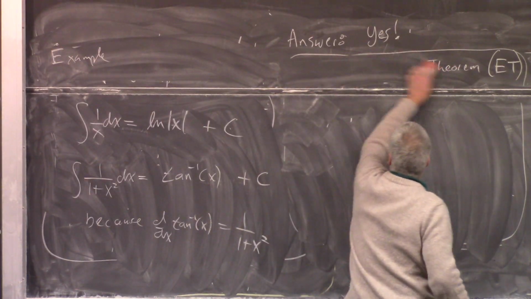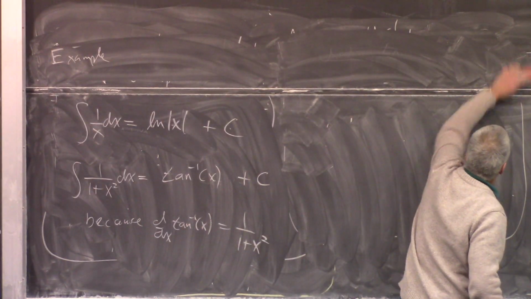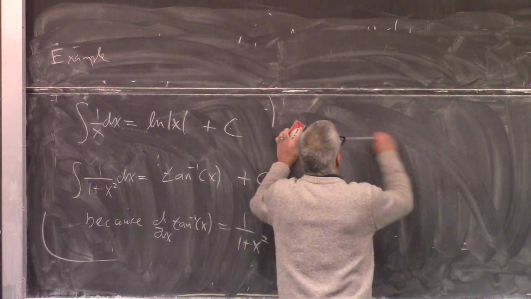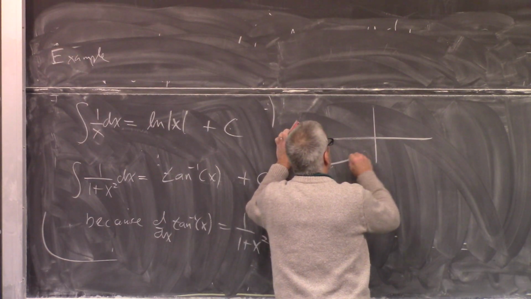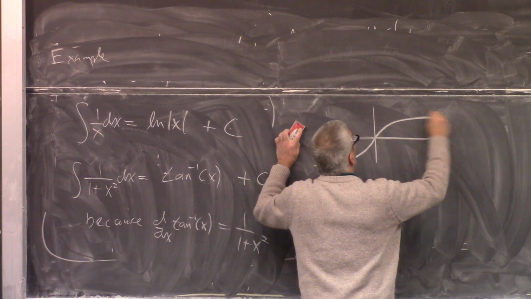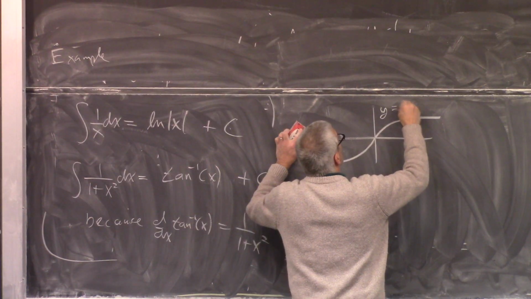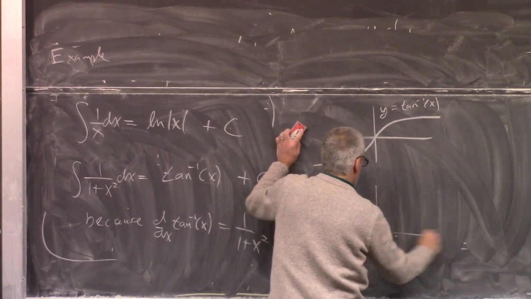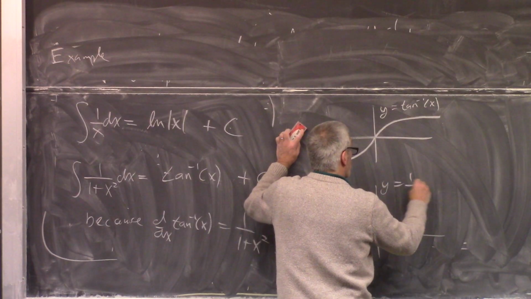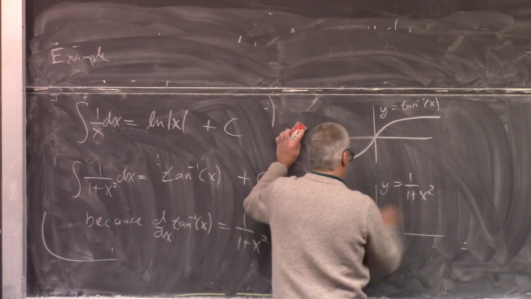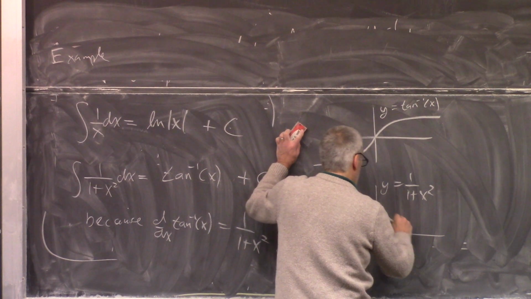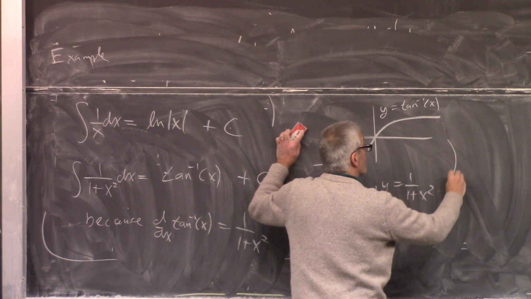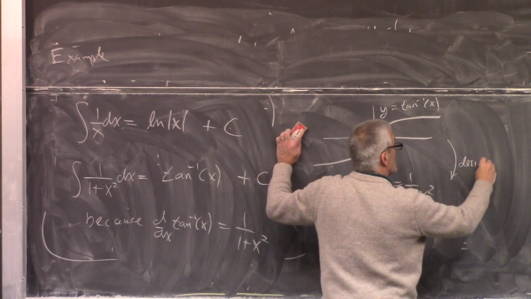Oh, I erased the evaluation theorem. Remember that, we have y equals tan inverse of x looks like this, and y equals 1 over 1 plus x squared looks like this. So if you take the derivative, you get that.